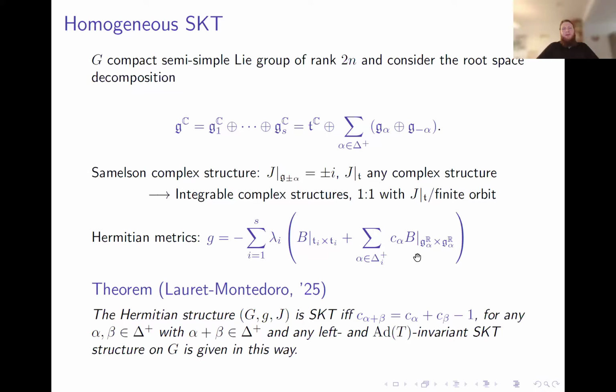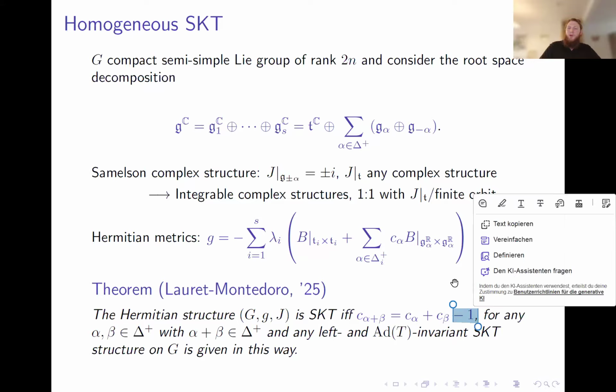Then Fino, Grantcharov and Vezzoni gave a classification of strong Kähler-Lewis torsion on these semisimple Lie groups, on these Samuelson spaces. They showed these kinds of Hermitian metrics are SKT if and only if these scaling factors satisfy C_(alpha+beta) = C_alpha + C_beta minus 1, so they are almost additive, but there's a minus 1.